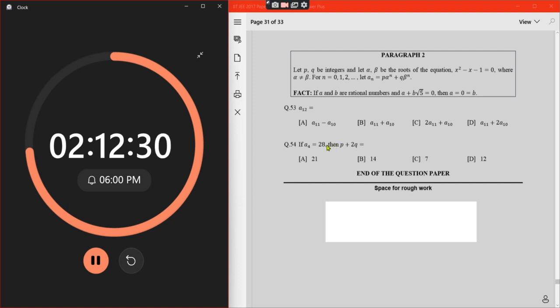A4 equal to 98. Okay. Then what's P plus Q? Oh yeah. You can change this first. Then what's A4? A4 can be A3 plus A2, which is written as A2 plus A1. You can start from 0, right?